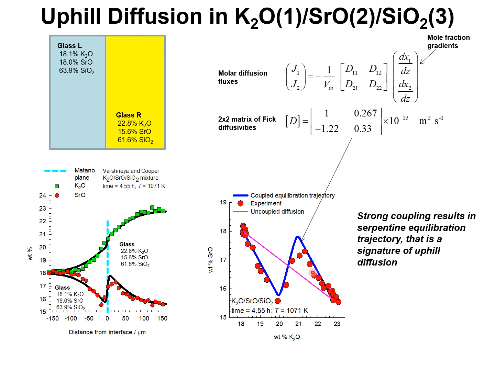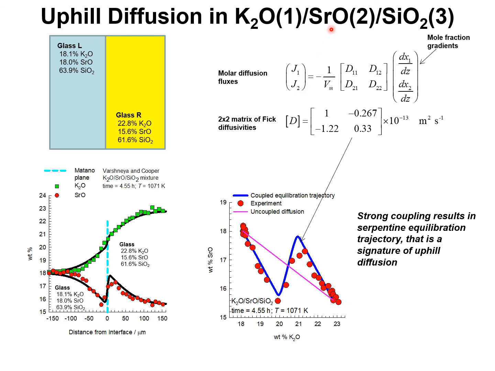The continuous blue lines are the equilibration trajectories calculated with the value of the Fick diffusivity matrix given here. We note that the off-diagonal element D21 of the Fick diffusivity matrix is significantly larger than the diagonal element D22 and is also negative in sign.